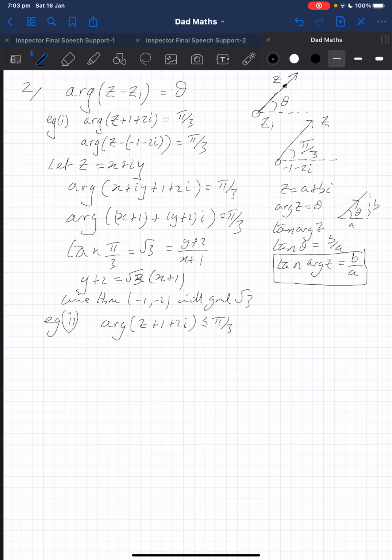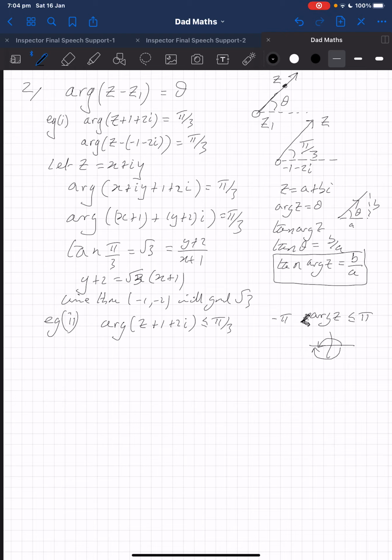Now remember that in general, an argument of a complex number is given as an angle from pi down to minus pi, with a strict inequality at the bottom. So if we're measuring an argument, it can be anything from 0 round to pi, or from 0 round to minus pi, and we include pi but not minus pi.